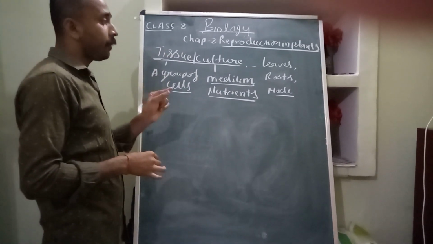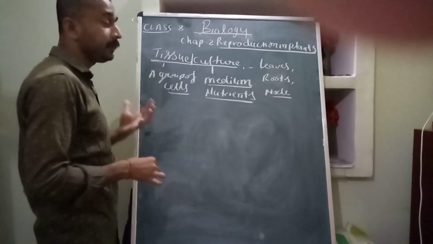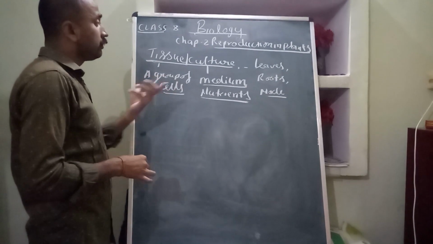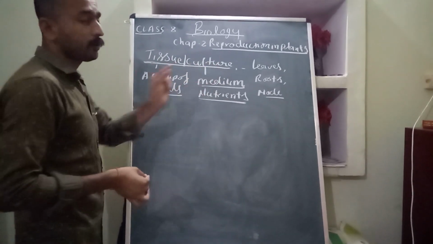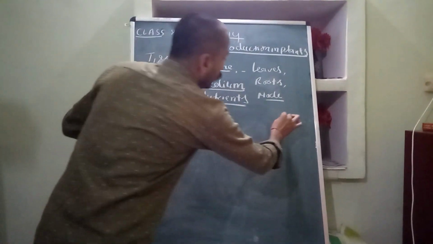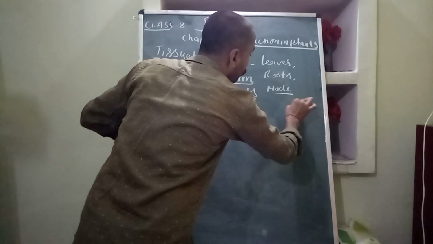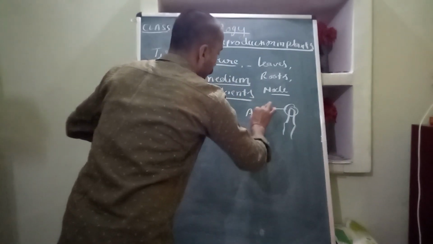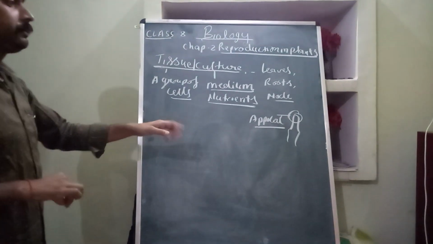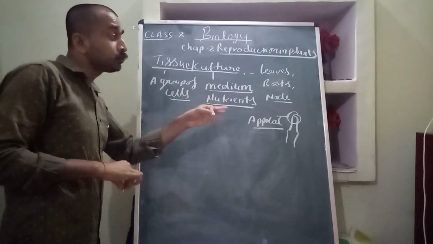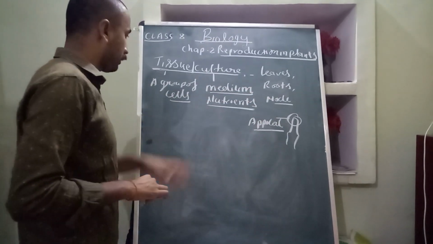So now in this process, take a piece of a selective part of the plant which we use in tissue culture, like the part of the root, the apical part of the root. Apical means apical meristematic tissue is present there, because regular growth is going on in this part.